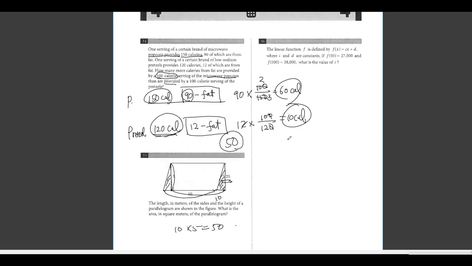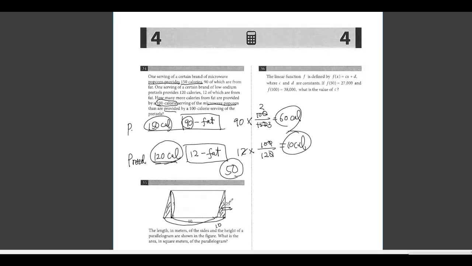Let me see, number 36. Okay, we have this as input, 27,000. Okay, so put this number over here. X equals 50. How much is this one? C times 50. 50C plus D equals 27,000. Now we're going to put in 100. This number is big. I'm going to use 100 over here.